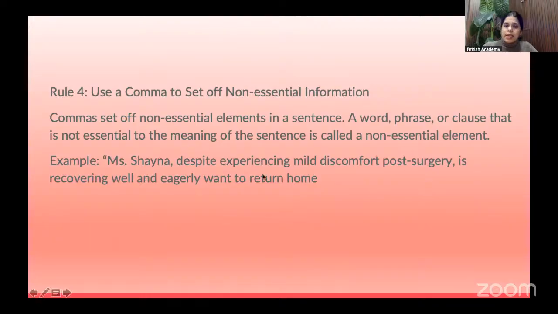In this sentence, despite experiencing mild discomfort post-surgery is a non-essential element. I can still continue the sentence saying that Miss Shaina is recovering well and eagerly wants to return home. Without that, the sentence also makes sense. So I'm using this as an extra element, putting commas on both sides to show that this information is not that important, but it can be understood. The sentence has better meaning with the help of it.